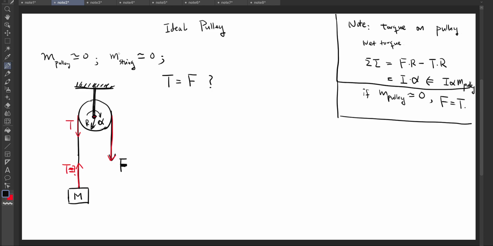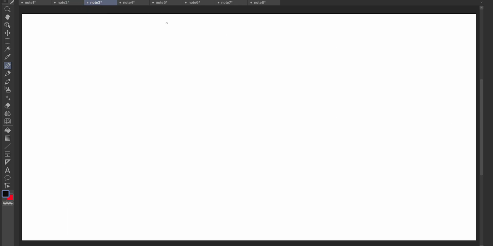Okay, so let's summarize the ideal pulley condition. The mass of the pulley is 0, and the string's mass is 0. Then we have this device here that transfers the pulling force F exactly to the mass M to pull it up.